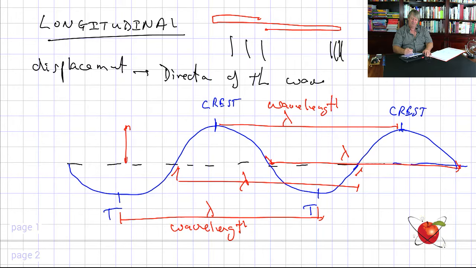The second is this. We have to define another term. Something that's very important is how big this wave is. Well, we come up and we define a term over here, and we call that the amplitude.